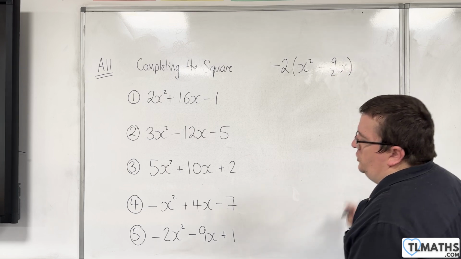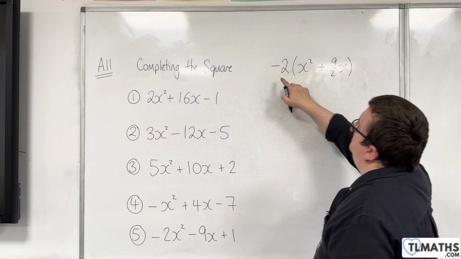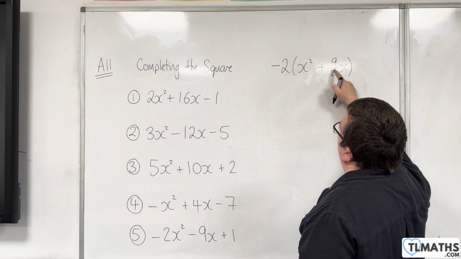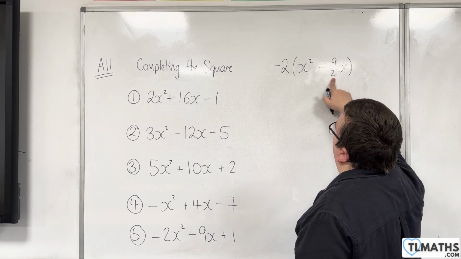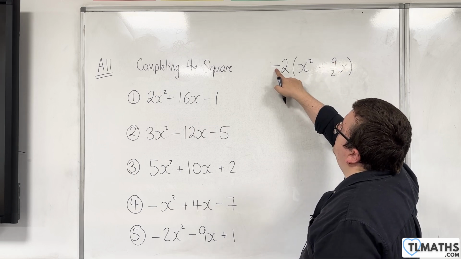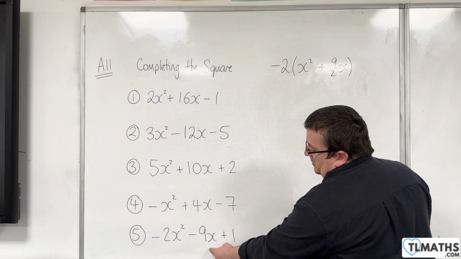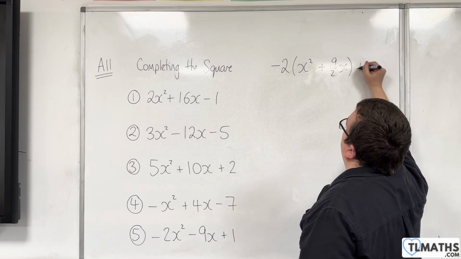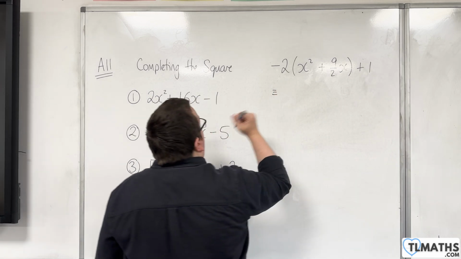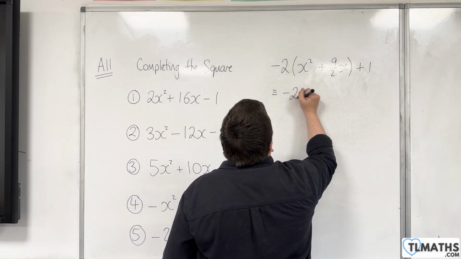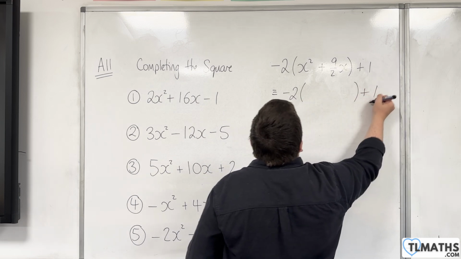Now you need to convince yourself that that works. Minus 2 times positive 9 halves, the 2's will cancel and you'll be left with the 9, so minus 9 gets us the minus 9x there. And we've still got the plus 1 on the end. So we've got the minus 2, plus 1 on the end.